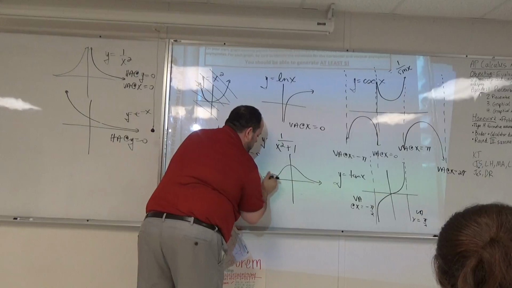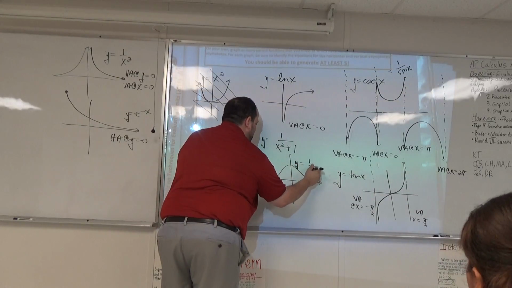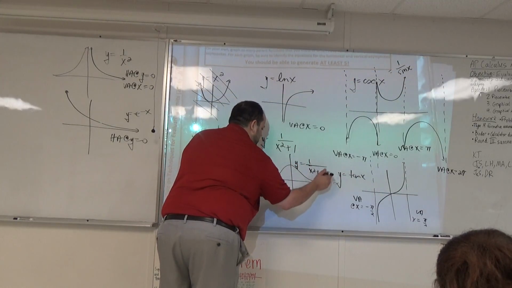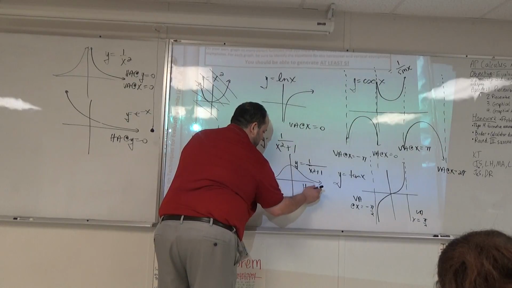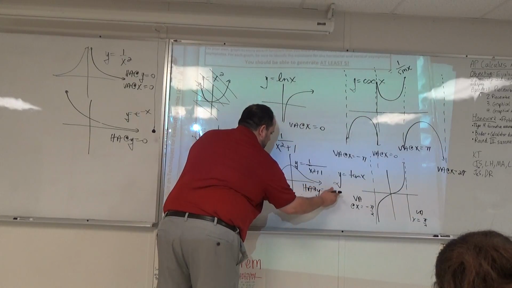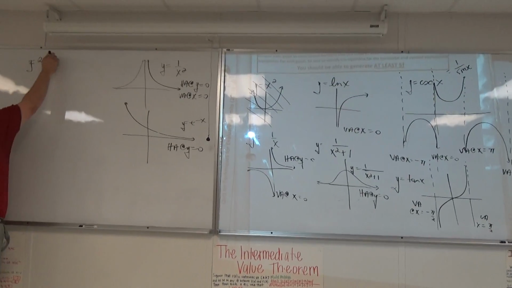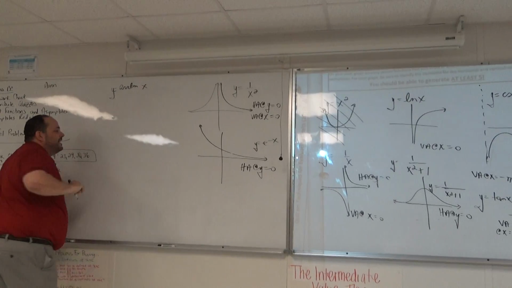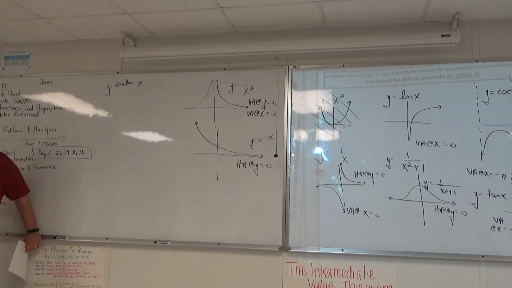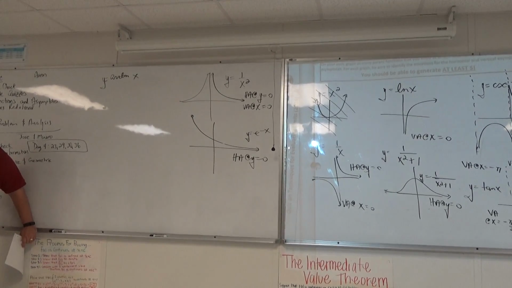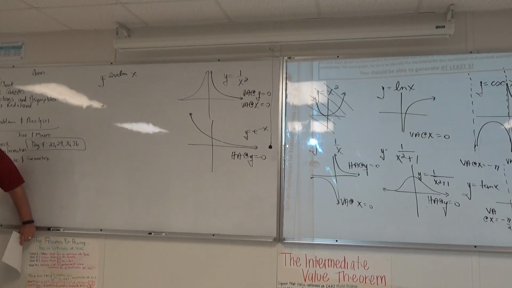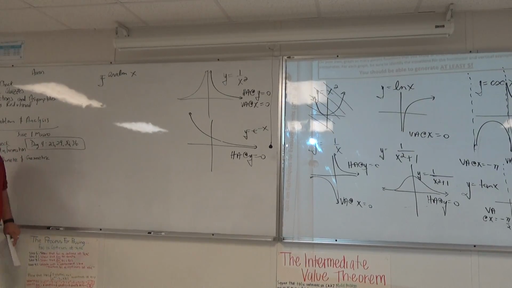There's one more that you may not necessarily have on your parent function list yet, but it's coming. It's an important one. The graph of arctangent of x. Probably not one that immediately comes to mind, and that's okay.